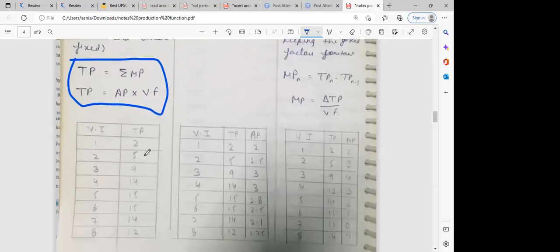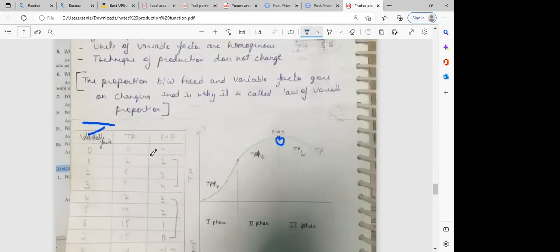When we were doing the law of variable proportions, you got to know that when you add, for example, 2 plus 3 gives you 5, and then 5 plus 4 gives you 9, then 9 plus 3 gives you 12. You keep on adding this and you get TP. That means you add MP and you get TP. See, 0 plus 2, you got 2.